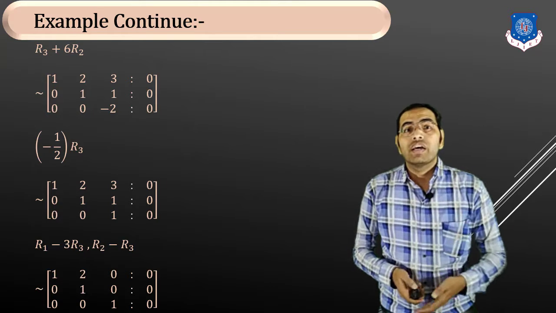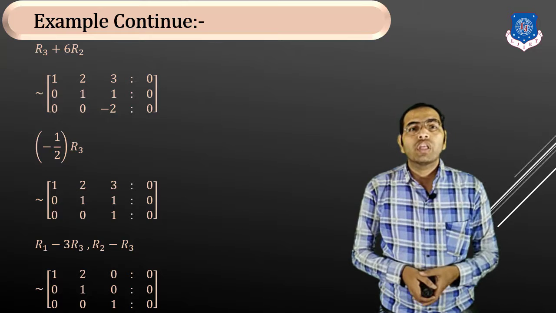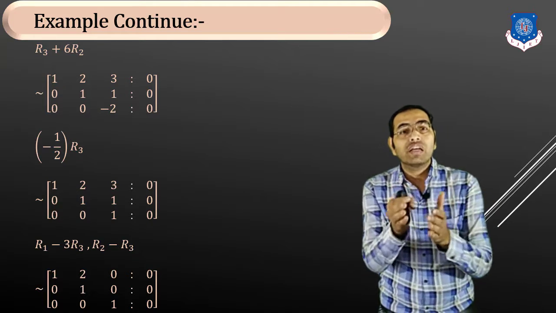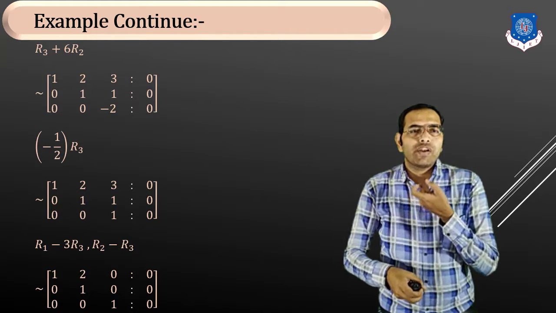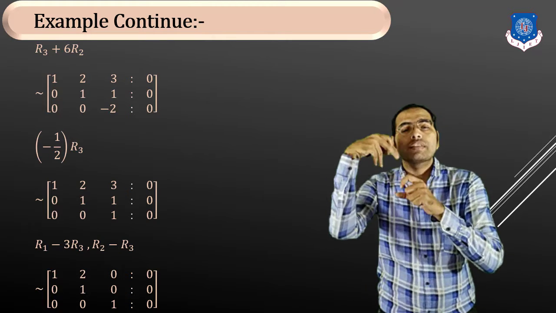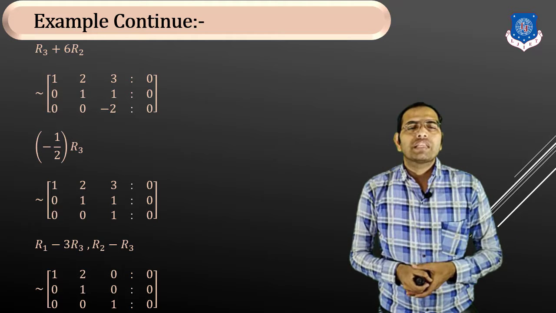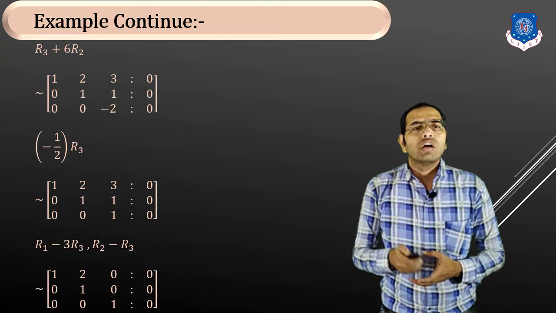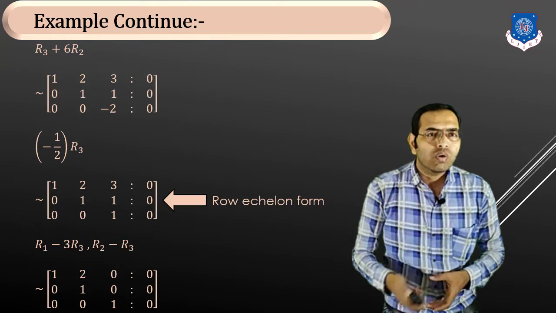Now that is our row echelon form. Now we have to reduce it to the reduced row echelon form. Starting with the last column, in the third column we have the leading element 1, and above the leading element we make the entries 0. For that, apply the row operations R1 minus 3R3 and R2 minus R3, which gives you 1, 2, 0, 0; 0, 1, 0, 0; 0, 0, 1, 0.